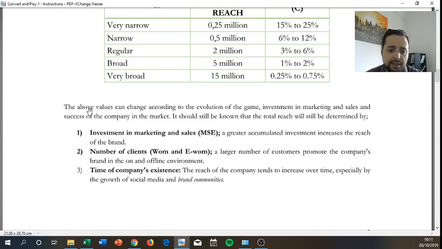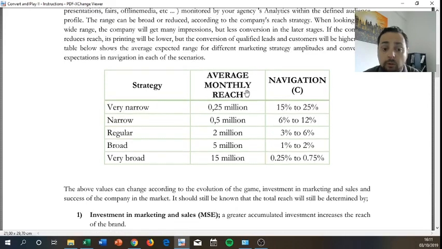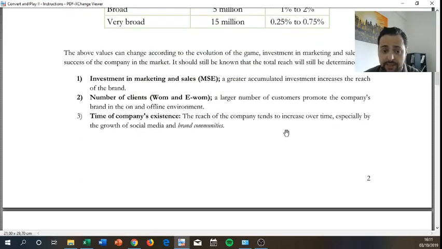So let's see what will affect this. These values can change according to the evolution of the game, but let's see three main factors that will affect your reach. The first is your investment in marketing and sales. If you invest a lot of money in marketing and sales, you reach many more people.